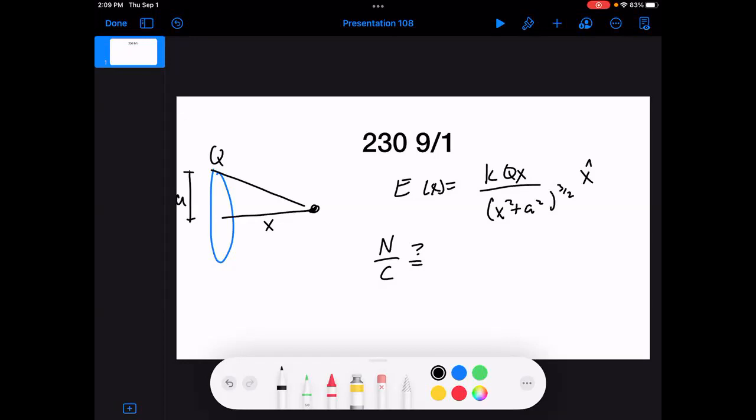What are the units of X? Meters, yeah, because it's a length. How about Q? Coulombs. How about K? It's a Newton meter squared per coulomb squared.